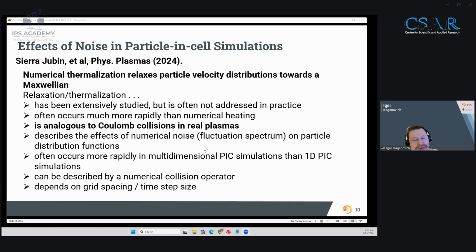The reason it was forgotten is that most simulations in the past have been done in 1D. In 1D, there is no scattering, so this effect does not manifest itself. But as soon as you switch into 2D, you'll have a large scattering on numerical noise, which has to be controlled and taken into account.